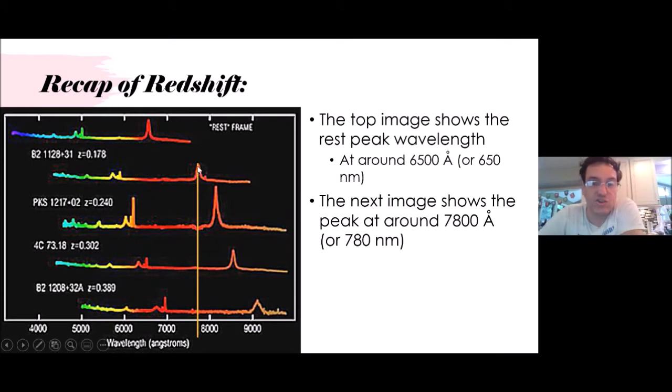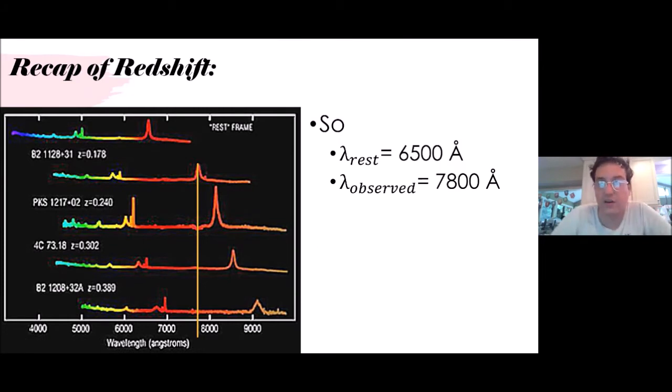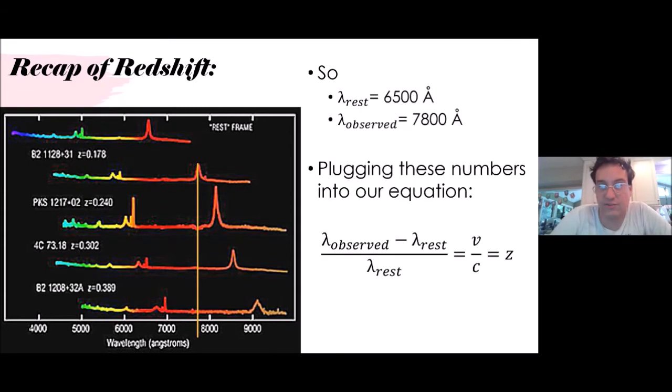You see the peak has changed. It's moved. It's no longer at 6,500, it's now at about 7,800 angstroms. That creates a difference in wavelength. Where this wavelength originated here, it is now observed here by astronomers. So we have 6,500 at rest, and 7,800 as being redshifted.